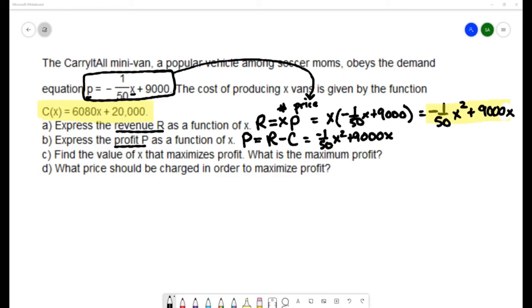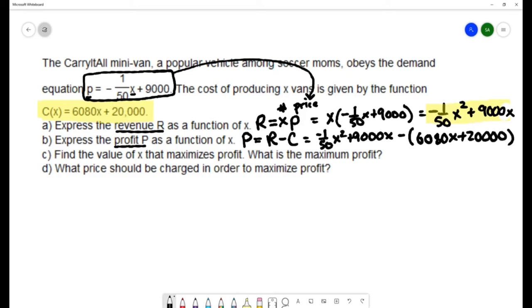Okay, so we're doing revenue minus cost. We just wrote down the revenue. We're going to subtract the cost. I need to make sure that I subtract the whole cost function. So that's going to be minus in parentheses 6,080X plus 20,000.